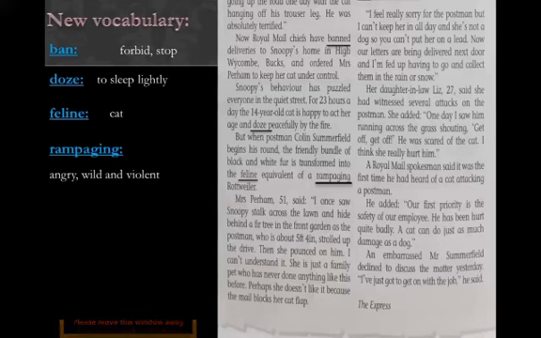I can't understand it. She's just a family pet who has never done anything like this before. Perhaps she doesn't like it because the mail blocks her cat's flap." 51, this is her age, okay? She's 51 years old.